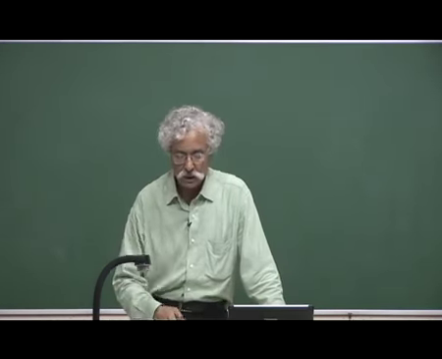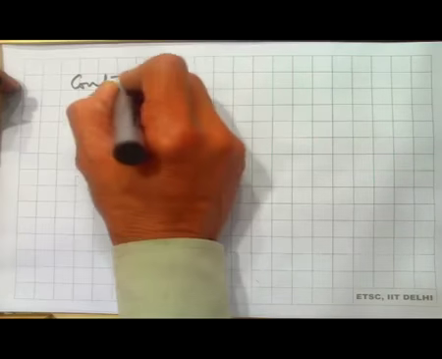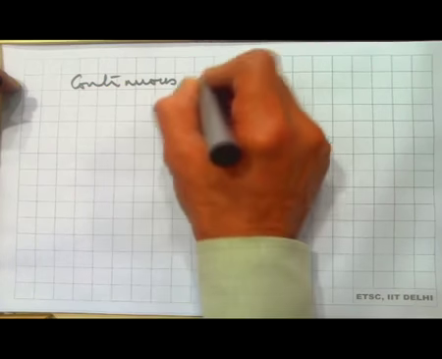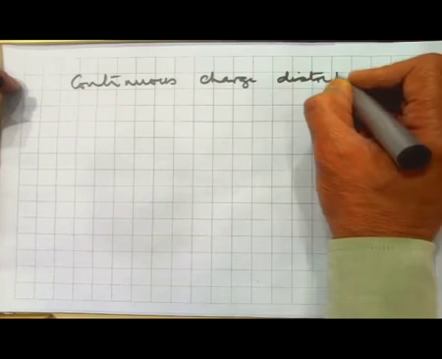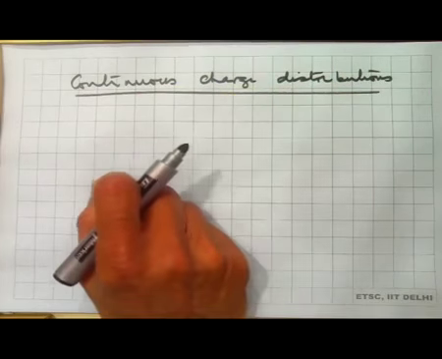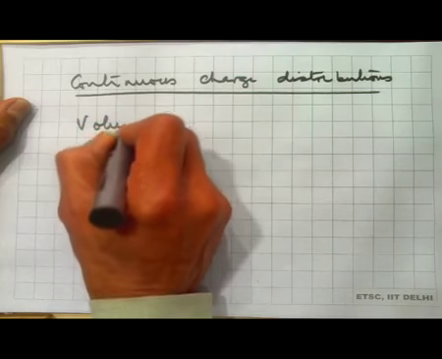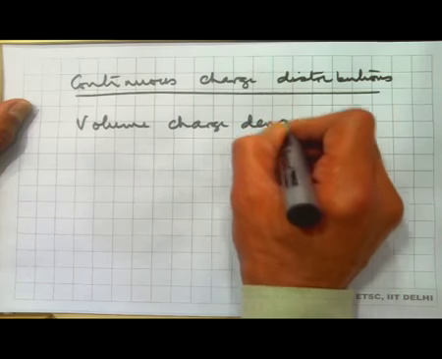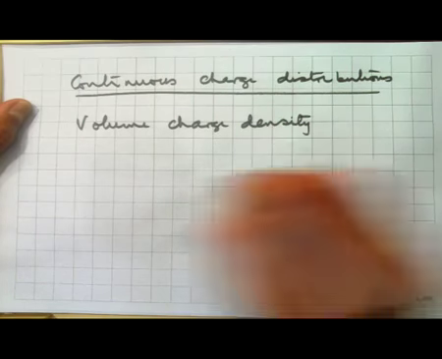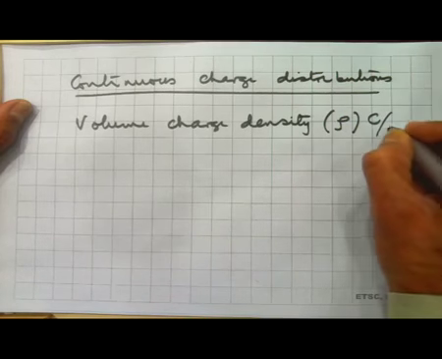Now, there are many situations where we would like to look at what are called continuous charge distributions. So, there are three types of charge distributions. One is called volume charge density. This is usually written as rho and has units of coulombs per meter cube.